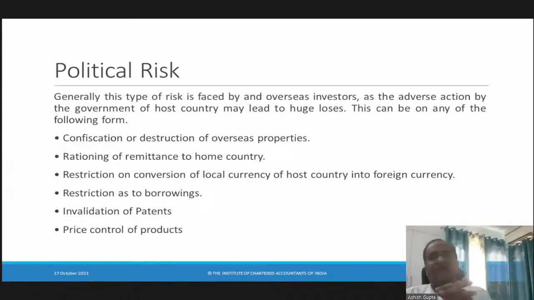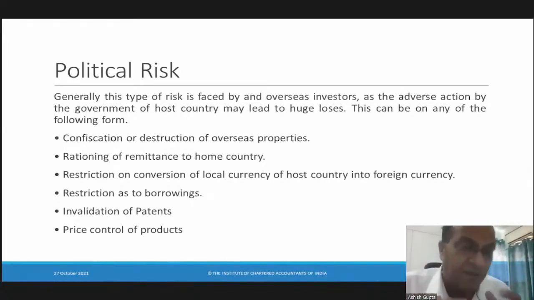Of course today there may be some restriction, but this is called rationing of the remittance to the home country. Sometimes this rationing is declared all of a sudden: no MNC will be allowed to take back more than 50% of the profit earned in India. So ultimately 50% of the money will be halted in India.